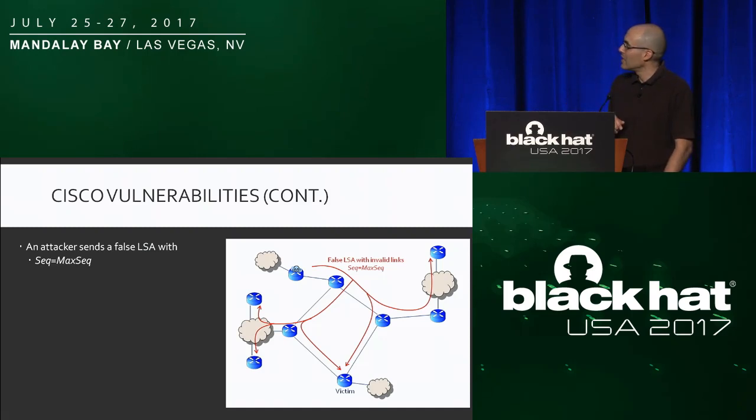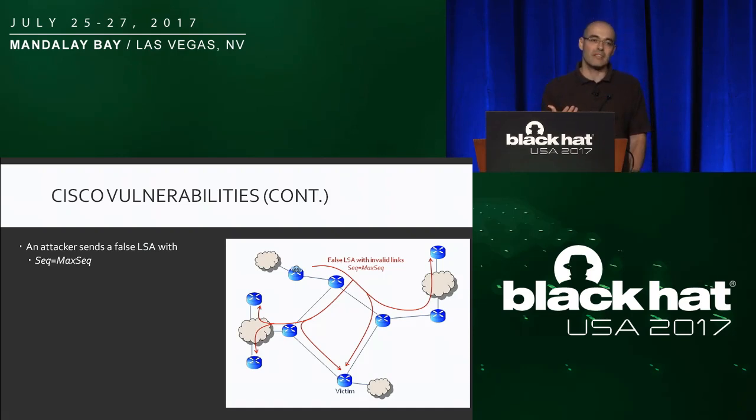Now, when the victim receives this false LSA, it should react with a fightback LSA, as we saw earlier. But because the false LSA has the maximum sequence number, the victim cannot simply send a regular fightback message with a higher sequence number.